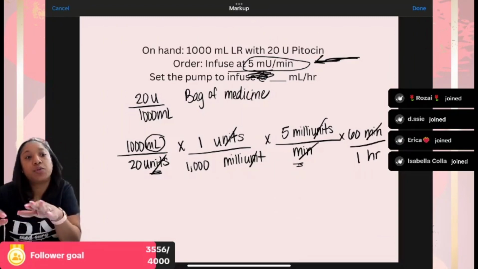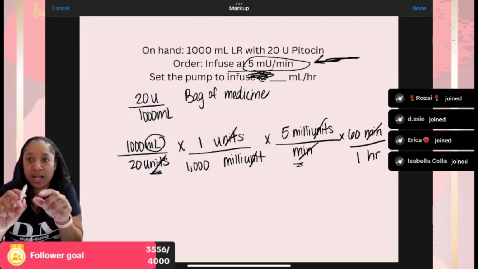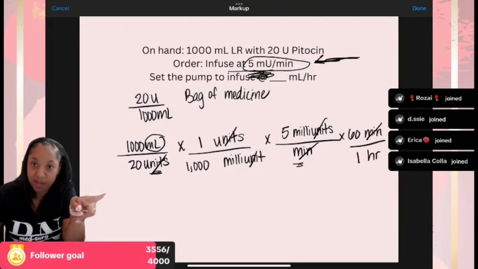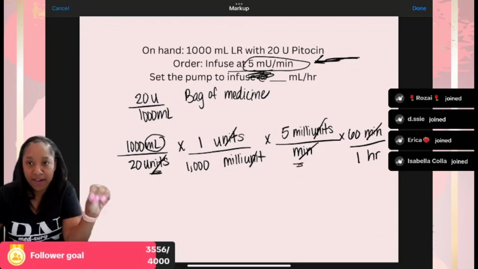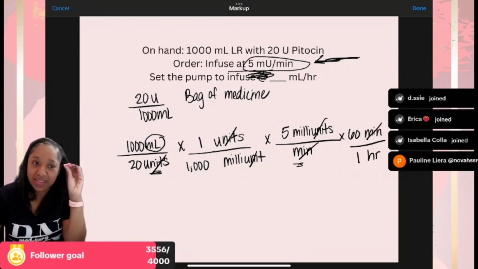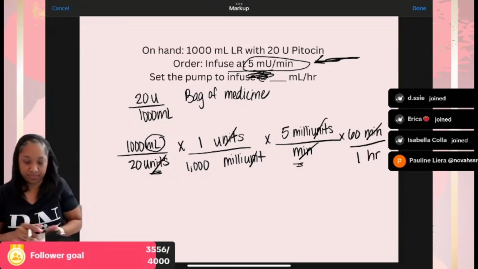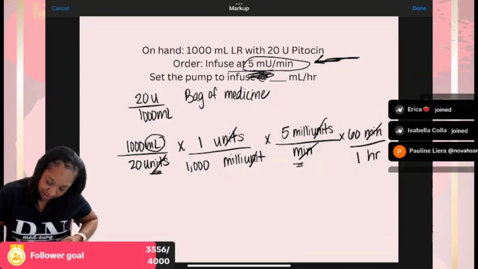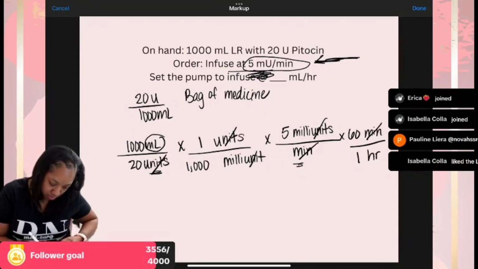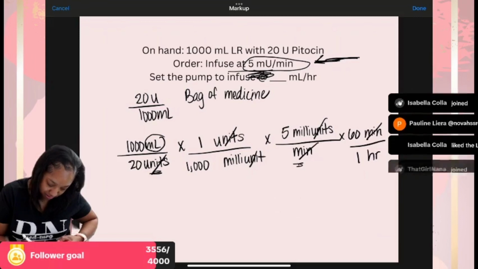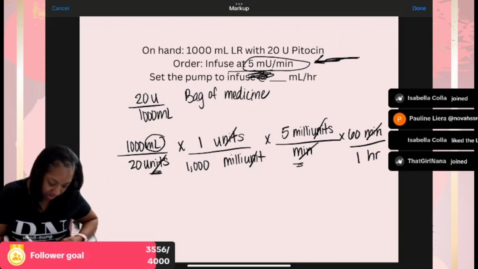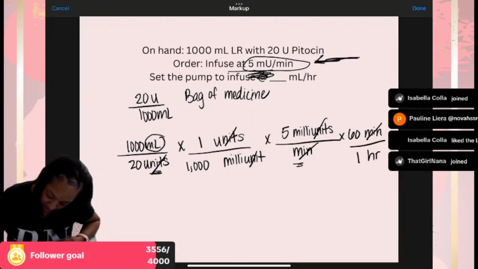If you do this on paper, you're going to multiply all the top values by each other, all the bottom values by each other, then you divide the top by the bottom. So 1,000 times 5 times 60 is going to be 300,000, that's 5 zeros.